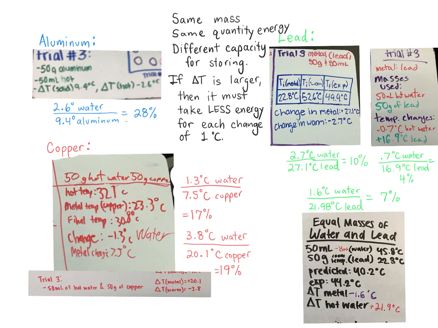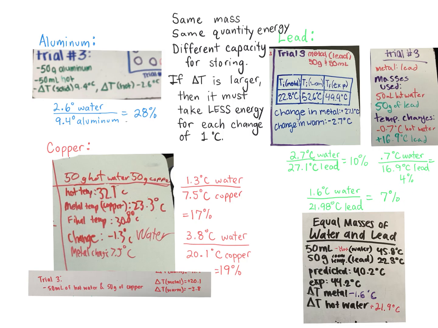And then I noticed that lead had the biggest temperature changes of all the data that we looked at, like 27 degrees, 22 degrees, and for tiny water temperature changes. So that tells me there are so many degrees of temperature change resulting here that it must not take much energy at all for lead to change 1 degree Celsius. The percentages I calculate here, 10, 7, 4, are all by far the smallest.